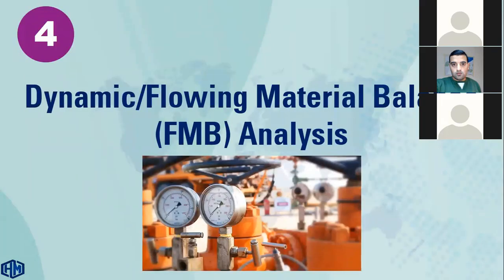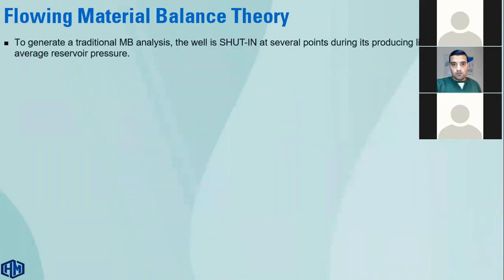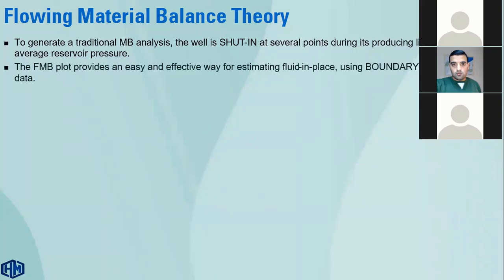The next is the flowing or dynamic material balance equation. As the name implies, this approach will cover the limitations of the conventional, or static, material balance equation, because in the traditional material balance, we have to shut in our wells at several points during production to get an accurate estimation of the average reservoir pressure.